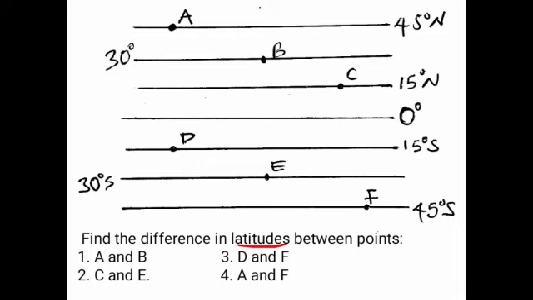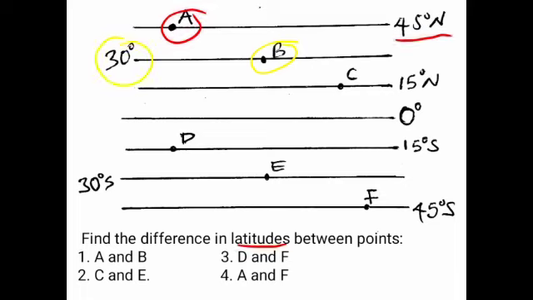Question 1 is saying, find the difference in latitudes between points A and B. So we have to identify where A is and where B is in respect of on which latitudes they are lying on. So you can see that A is lying on latitude 45 degrees north, and you can see that B is lying on 30 degrees north.